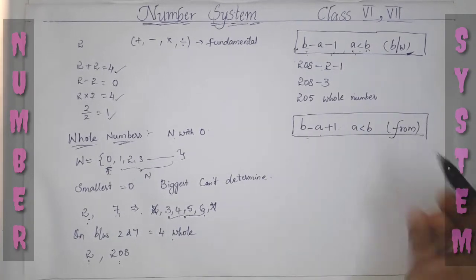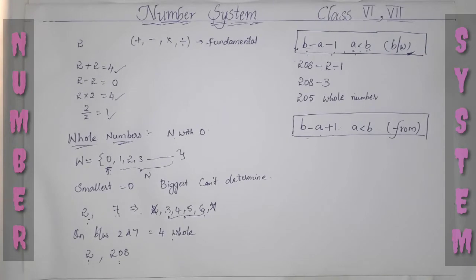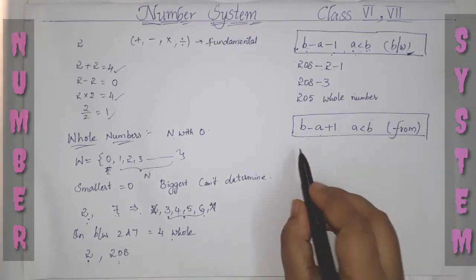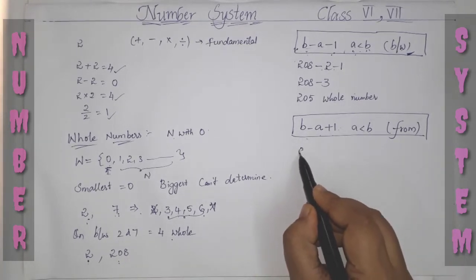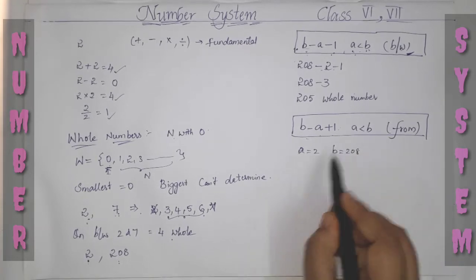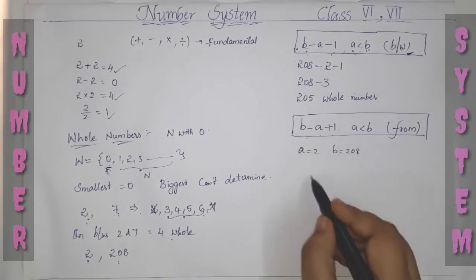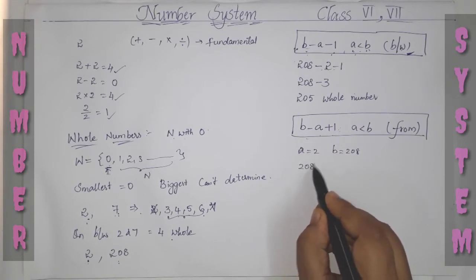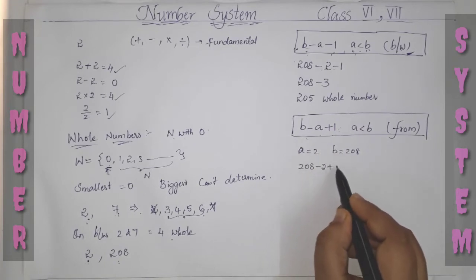From A to B. Can I take the same question? No. What numbers did they ask? From 2 to 208. The same formula I am applying: A is 2, B is 208. So the formula is B minus A plus 1. B is 208 minus 2 plus 1.